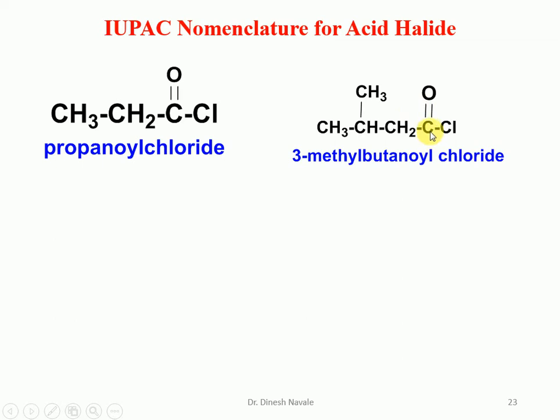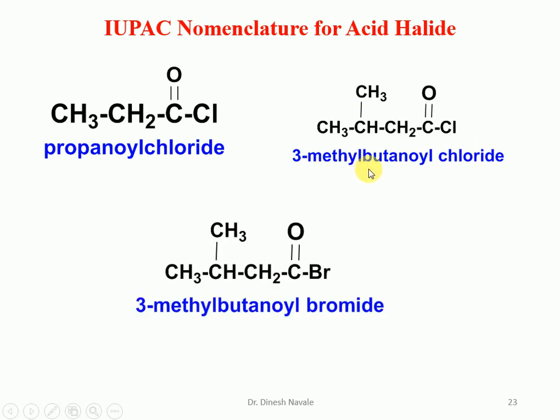Numbering will always start from the carbonyl carbon of the acid halide. So it is carbon 1, 2, 3, 4, a butanoyl chloride for 4 carbons, and the third carbon contains the methyl substituent.